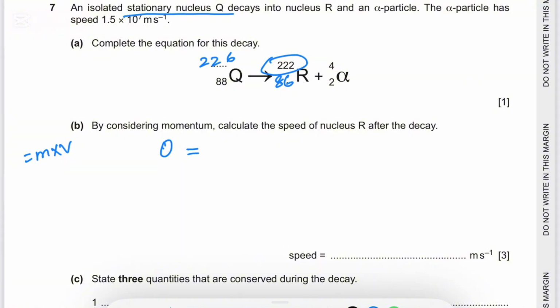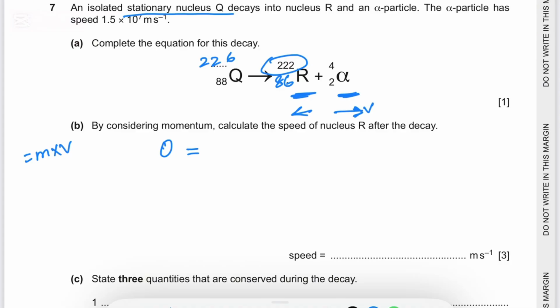So this must be equal to the sum of momentum of particle R and alpha. For the sum of their momentum to sum up to 0, they must have opposite velocities that will be represented by opposite signs.